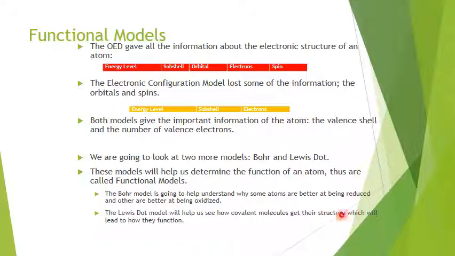The Lewis dot model will help us when we talk about molecules and how we can get the bonding structures of covalent molecules, like water. What is the structure of water? Now, you know it's two hydrogen, one oxygen, but how do they connect to each other? And that's what we're going to use Lewis dot structures for. And we'll be using them after we're all done with this section, which we still got more to cover.